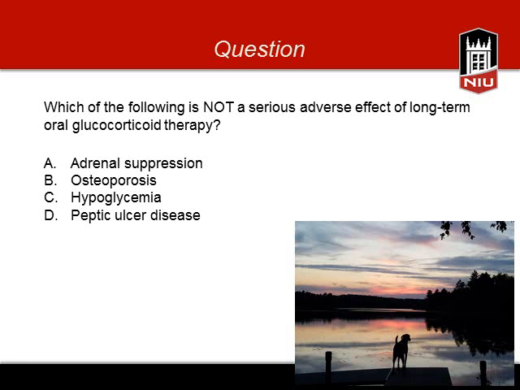Last one. Which of the following is not a serious adverse effect of long-term oral steroid therapy? Is it going to be A, adrenal suppression, B, osteoporosis, C, hypoglycemia, or D, peptic ulcer disease?